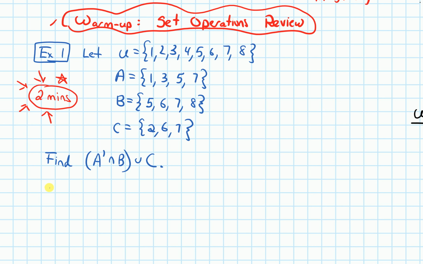Okay, so let's talk about how we begin. When we have a series of set operations that we need to evaluate like this, maybe there are multiple set operations, like I have complement, intersection, and union all in this. If there are parentheses, we should evaluate the stuff inside the parentheses first.